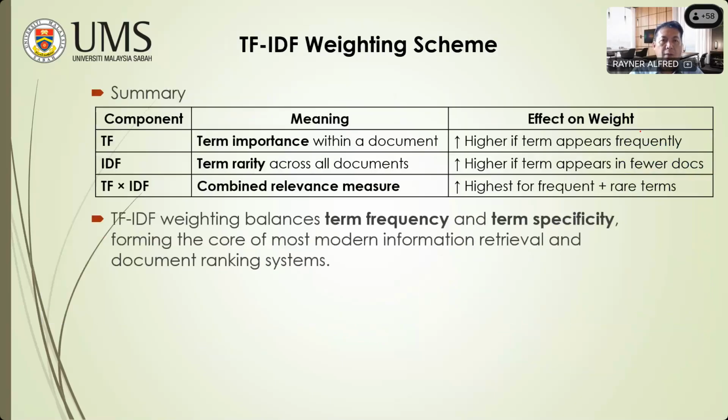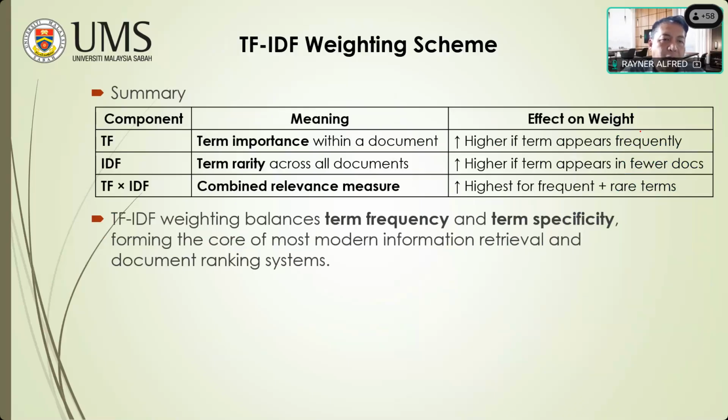Okay, so in summary, TF is a formula that we use to indicate the level of importance of the term within a document. The higher the value, the more frequently it appears in the document. IDF is used to look into how specific the term is in our term document.